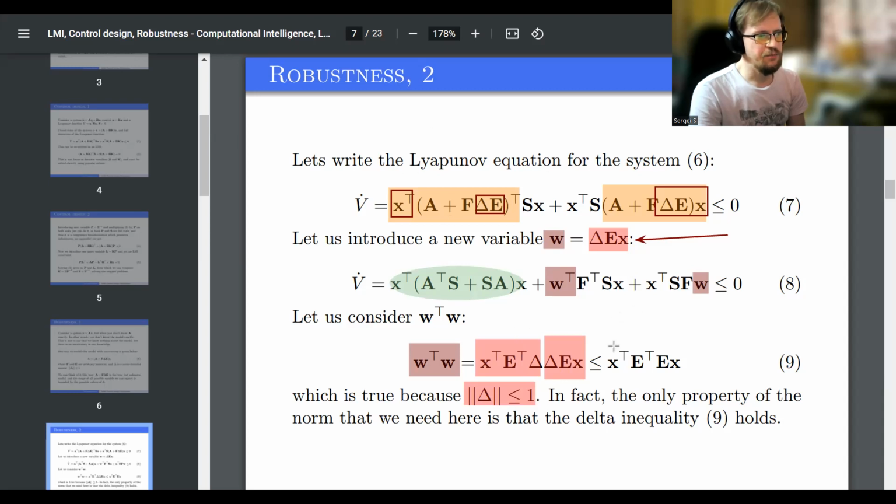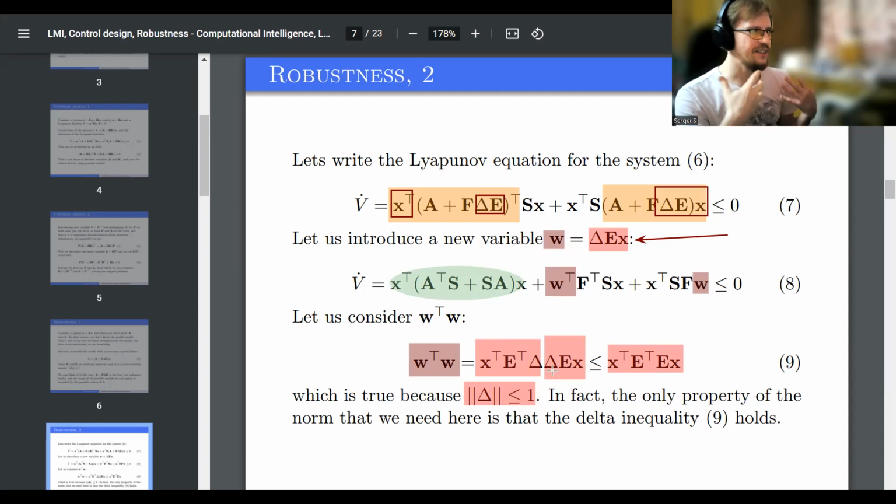These constraints make it possible for us to say that omega transpose omega is less than x transpose E transpose E x, because this expression is bigger than this one, where at the center we have delta, whose norm is less than or equal to 1.